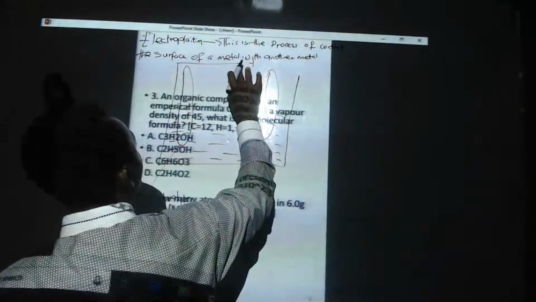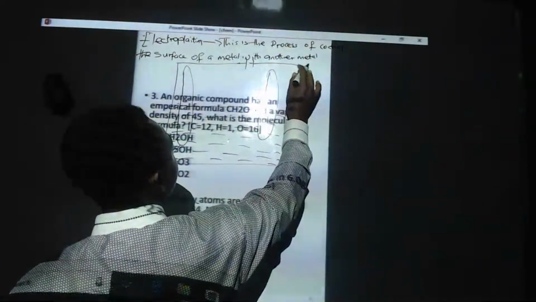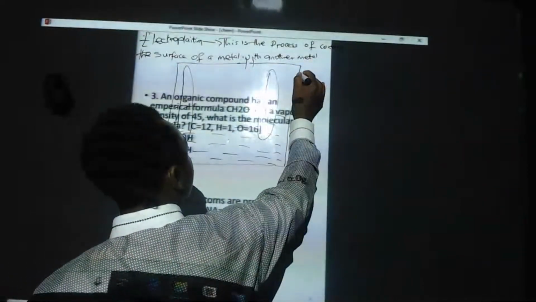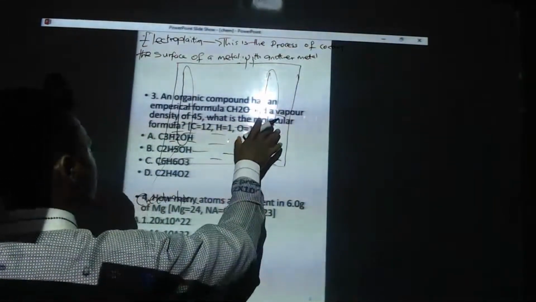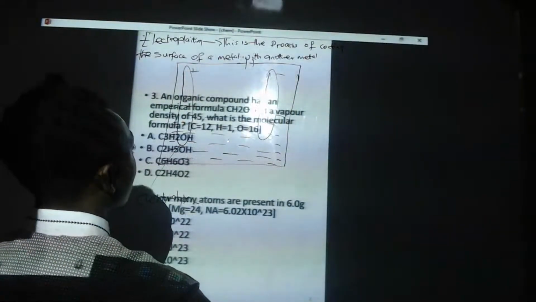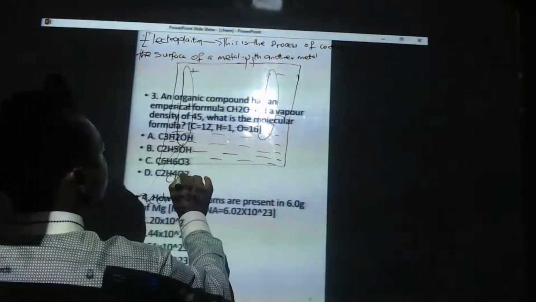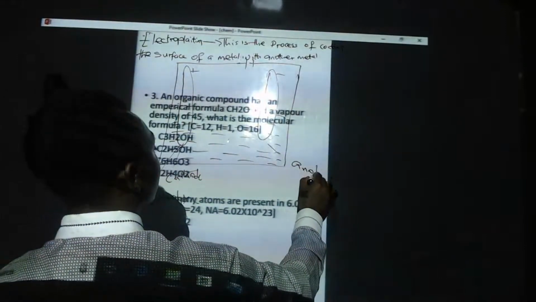Source of current, any of them can go. This is negative. Having your cathode and your anode here.